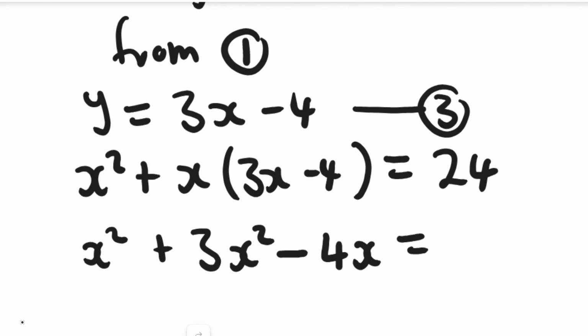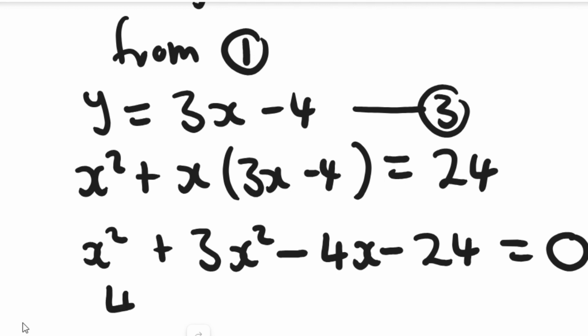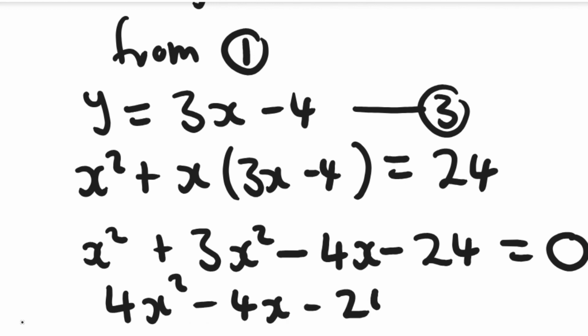Before it's equal to 24, we're going to have a quadratic anyway. We cannot run away from it. Let's just proceed and take this 24 to the other side. Since it's positive 24, we write negative 24 on the other side to be equal to 0. And then we collect like terms. We have 4x squared minus 4x minus 24 equal to 0.